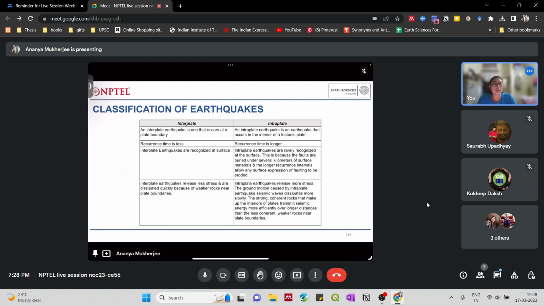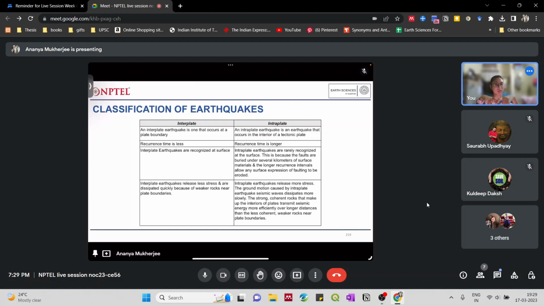Interplate earthquakes release less stress and are dissipated quickly because of weaker rocks near the plate boundaries. Near the plate boundaries, since the tectonism is active, the deformation of the rocks is very high, and because the deformation is high, it already consists of weak material.